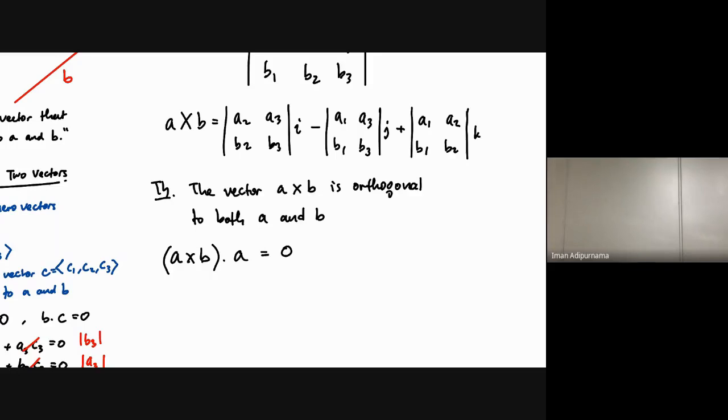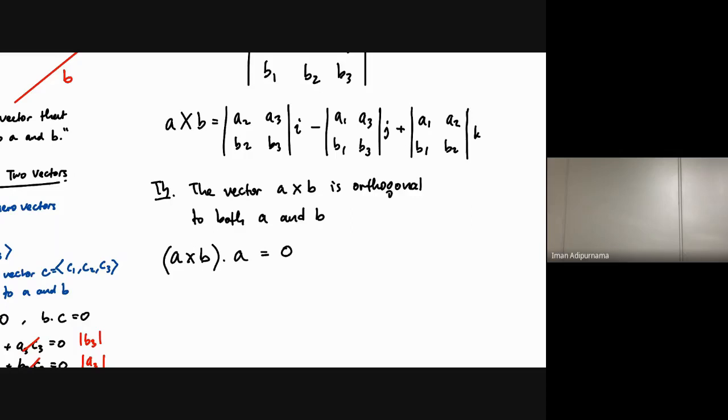So you can expand this A cross B into this and write down the formula. Calculate all the determinants here. Calculate here. Calculate this also. And then you dot with A. You multiply with A. So A is A1, A2, A3. The result will be 0.